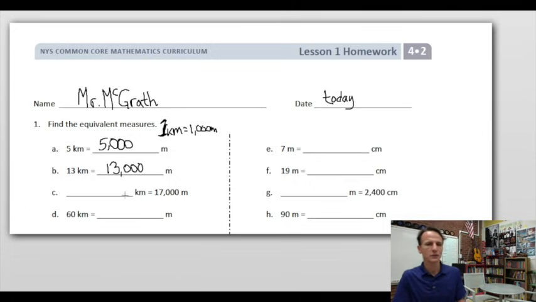And then we're asked to do it in reverse. So how many kilometers would be 17,000 meters? 17,000, you got it, 17 kilometers. And one more time, we're going to go from kilometers to meters. So 60 kilometers, what would be 60 times 1,000? 60,000.